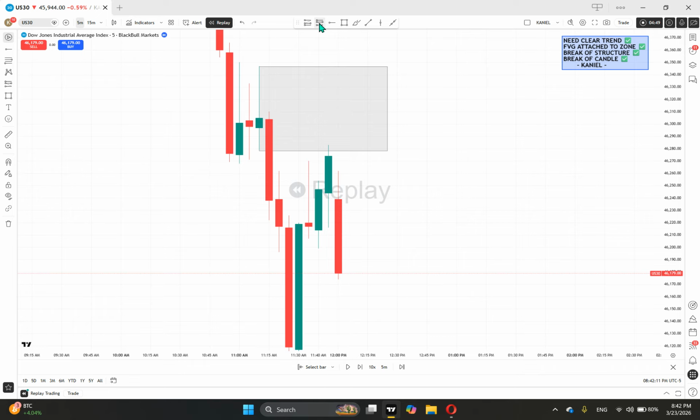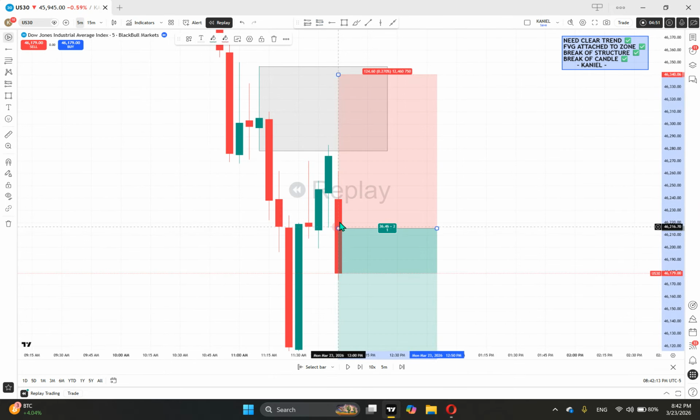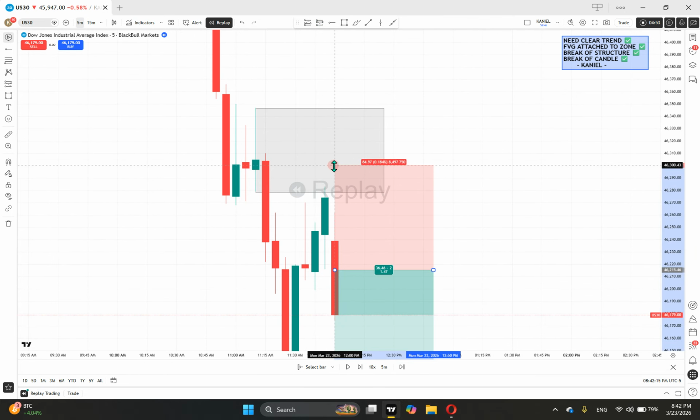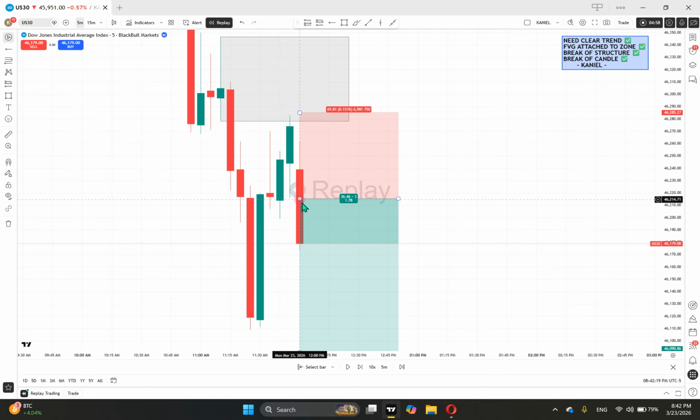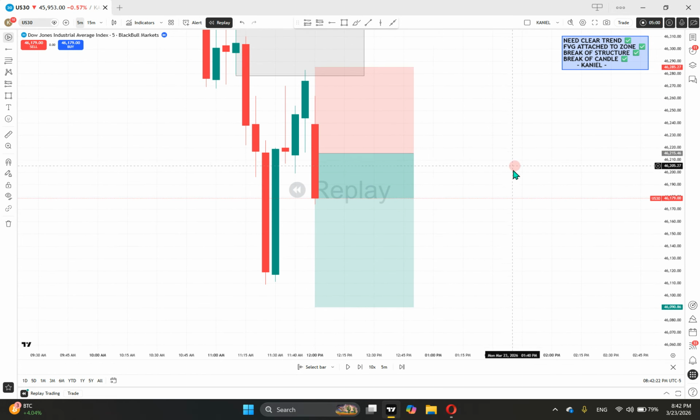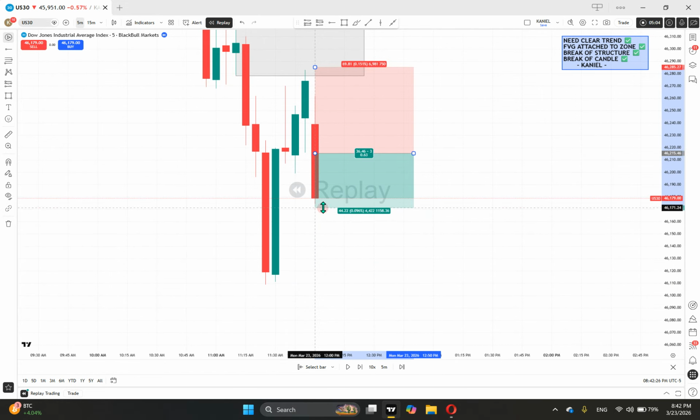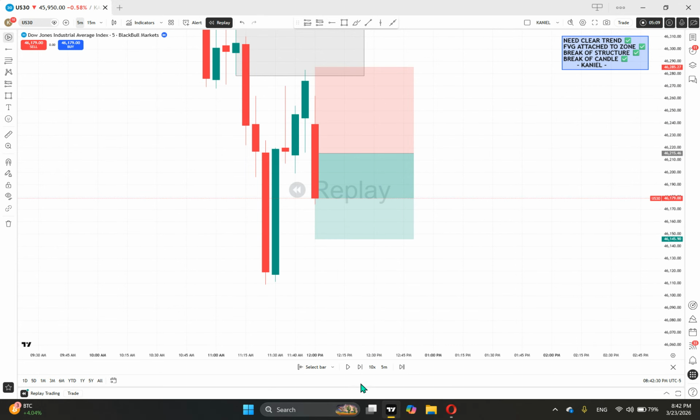Yeah, so got it right here. Stop loss above the highest point in the zone, and below the lowest point in the zone if you're buying. We're just aiming for 1 to 1 as usual. Price almost stopped us out with that candle.